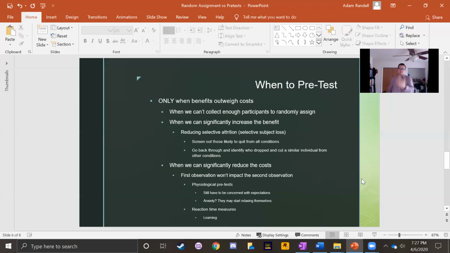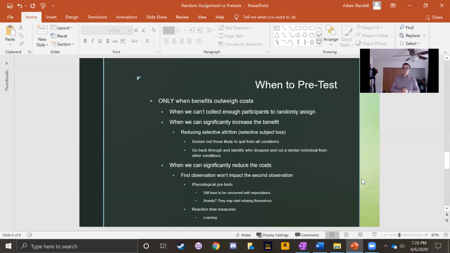They don't want to deal with it, it makes them bored. I don't know. Sometimes there are things in one condition that make people more likely to quit, therefore the attrition rate is higher than in the other condition. Well, sometimes we can use pre-testing to identify the types of folks that are likely to quit and then remove them from both conditions. So we're matching, and so we remove attrition.